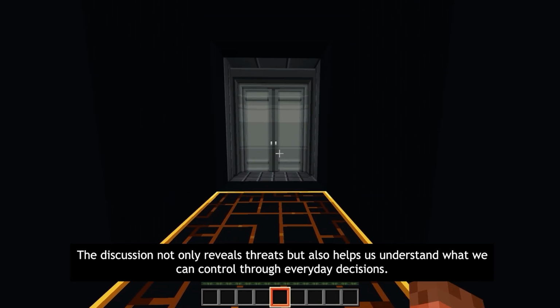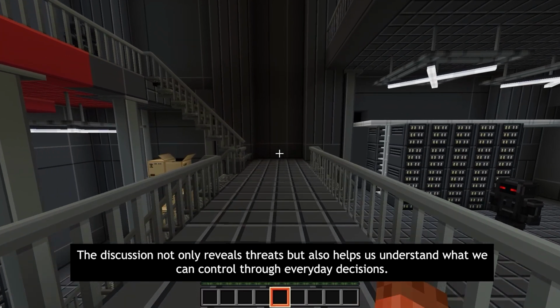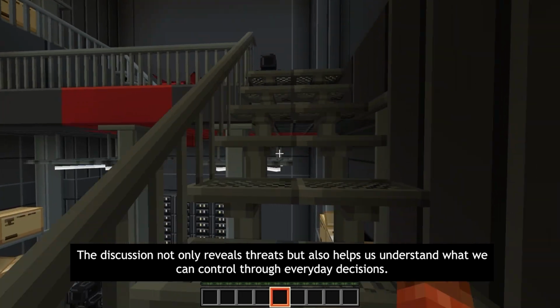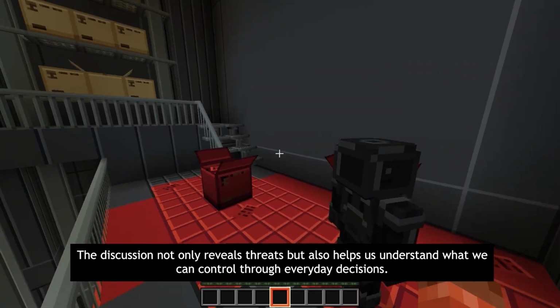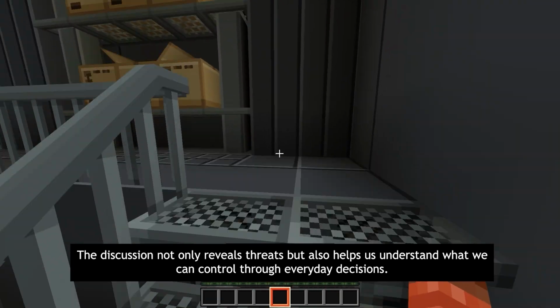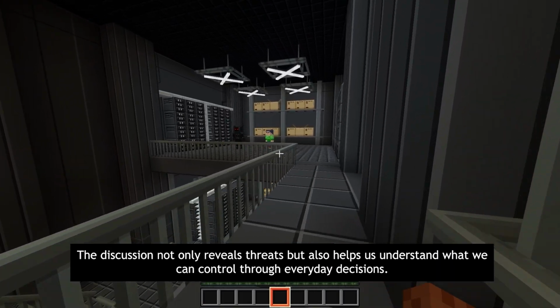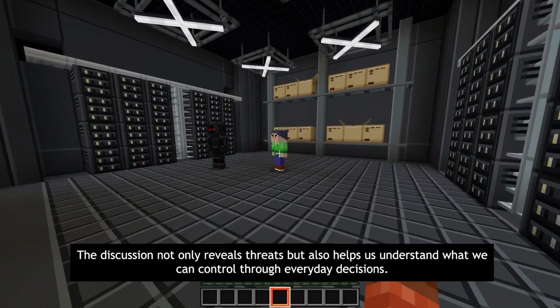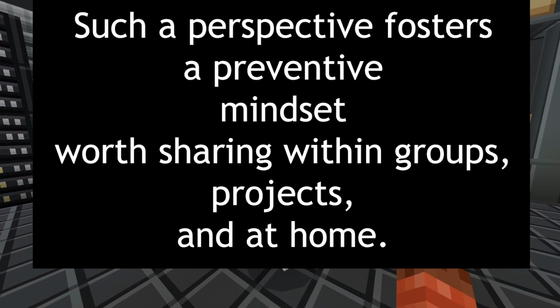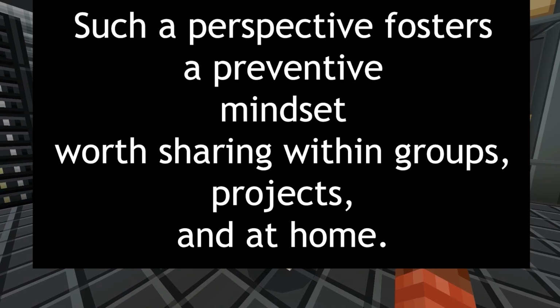The discussion not only reveals threats, but also helps us understand what we can control through everyday decisions. Such a perspective fosters a preventive mindset worth sharing both in the classroom and at home.